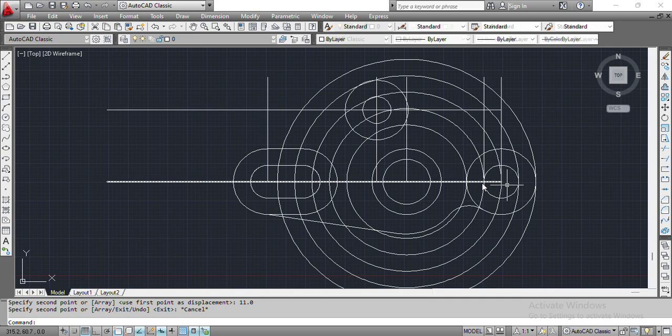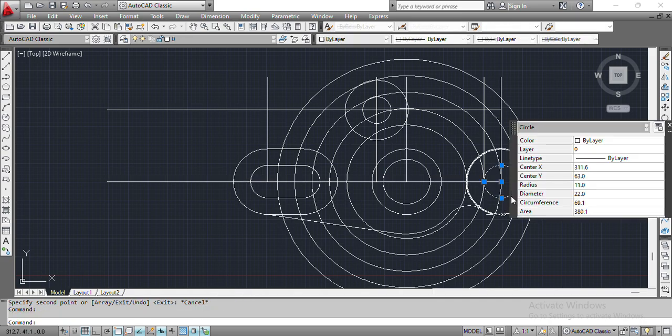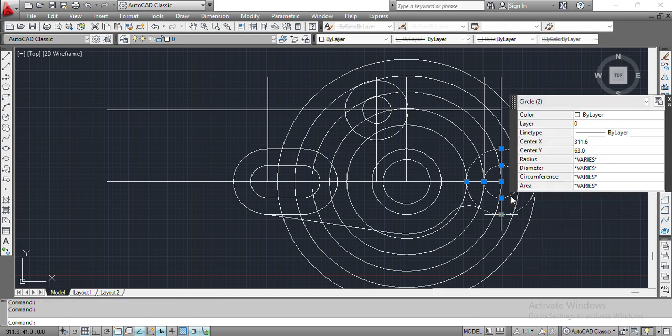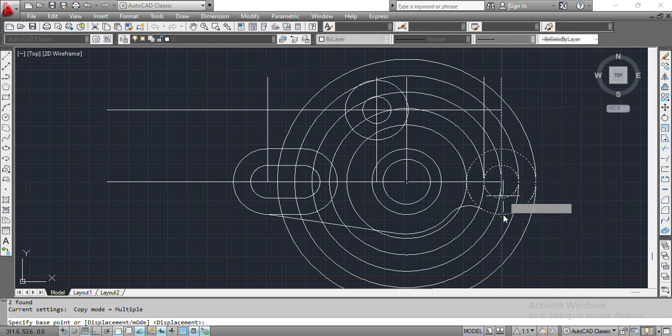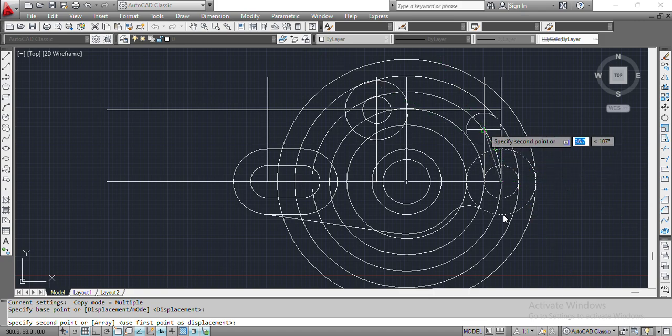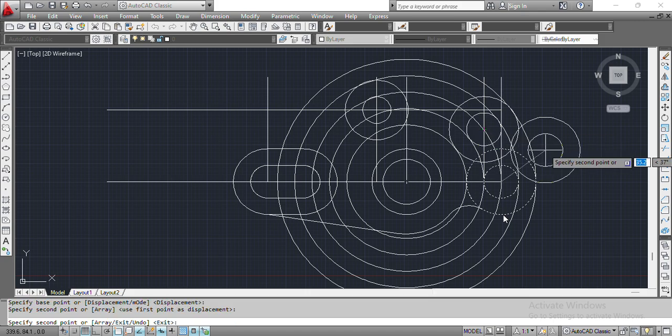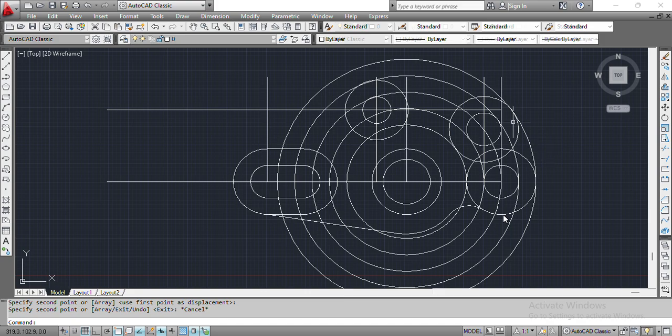Now we are going to copy this and copy this one, copy that, and this is the base. I have the ortho mode off so that you don't get stuck. Good. Now to that point, good, and then you escape.